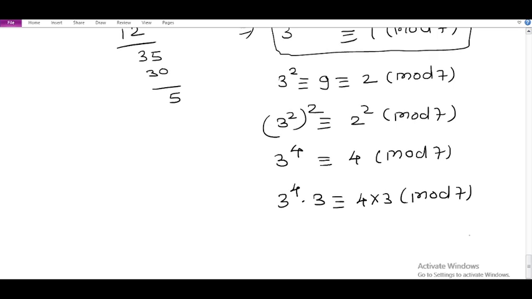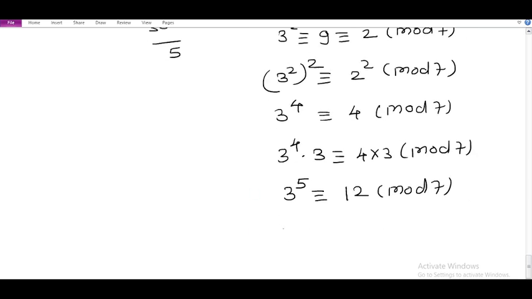This implies 3 raised to 5 is congruent to 12 modulo 7, so 3 raised to 5 is congruent to 5 modulo 7.